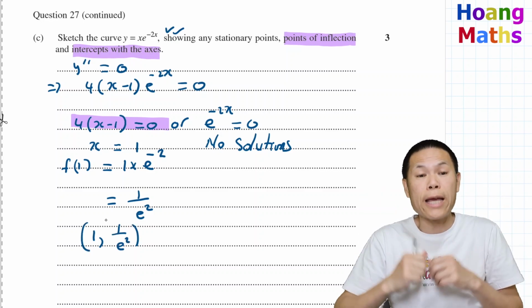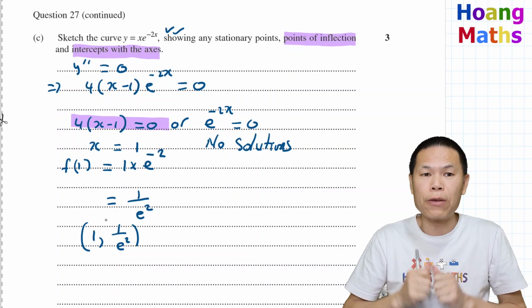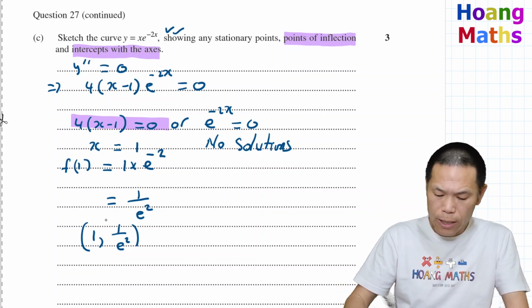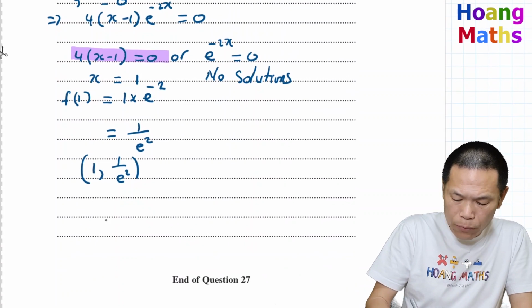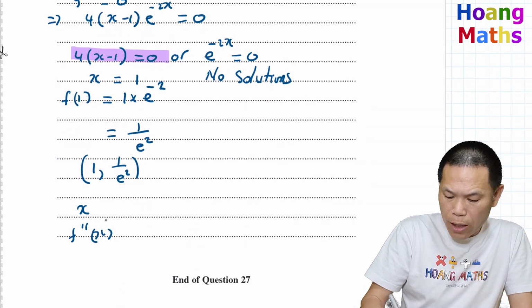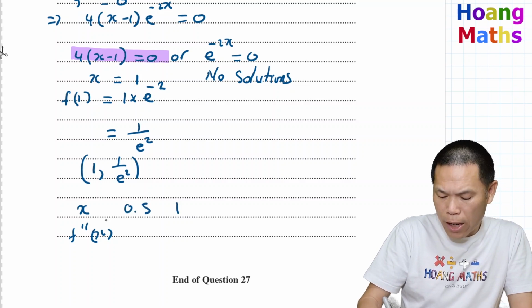Of course, we need to test whether it is a point of inflection or not. To do this, we need to find the concavity. So let me just write this down. This is x, this is f double dash x. And we have 1, left of 1 is 0.5, and the right-hand side is 1.5.